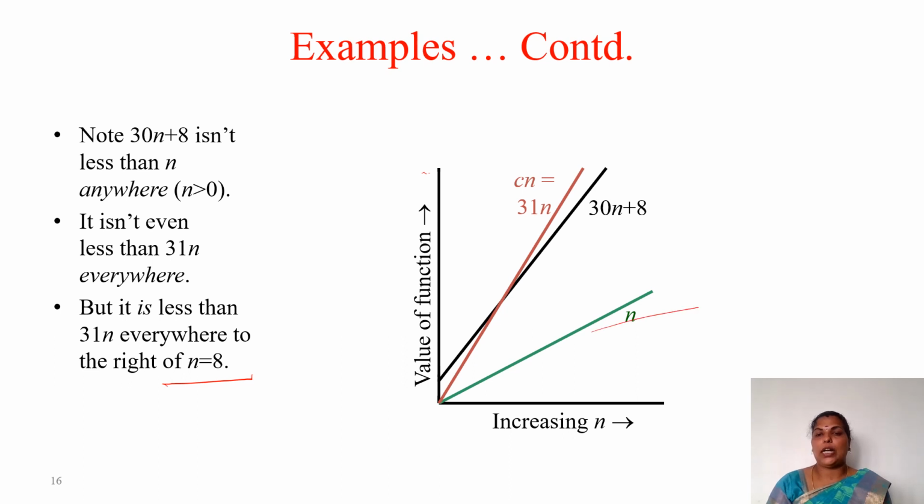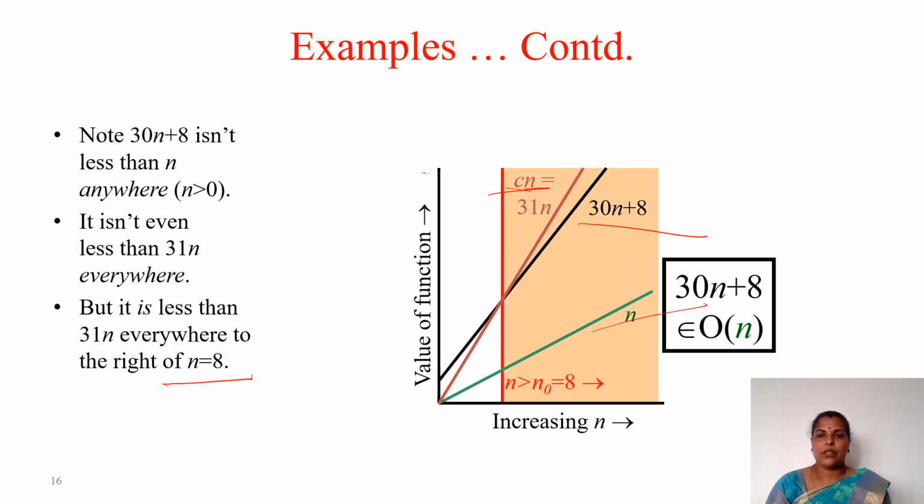Here we have plotted the n value and 30n plus 8. Suppose we take cn equal to 31n, it comes this side. Big O means it is an upper bound, so it is above it. So we can also prove it by drawing. So 30n plus 8 belongs to big O of n. It is the upper bound.